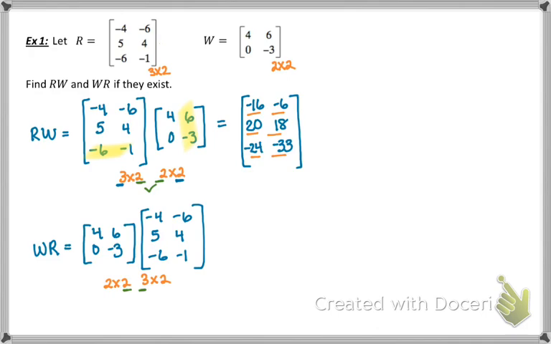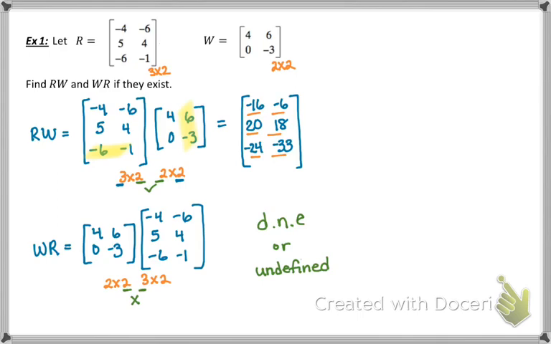So because these two numbers are not the same, we cannot multiply. And so this product, W times R, we're going to say that it does not exist. DNE, does not exist. Or you could also say that it is undefined. So just because we can multiply R times W does not mean we can always multiply W times R.